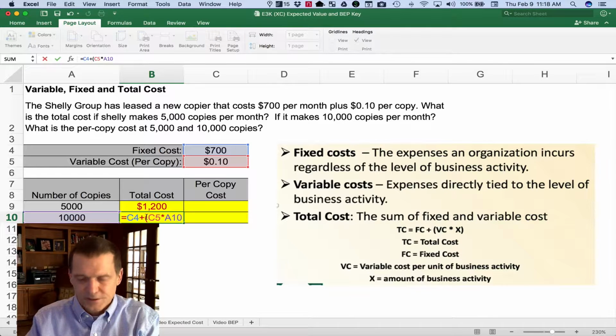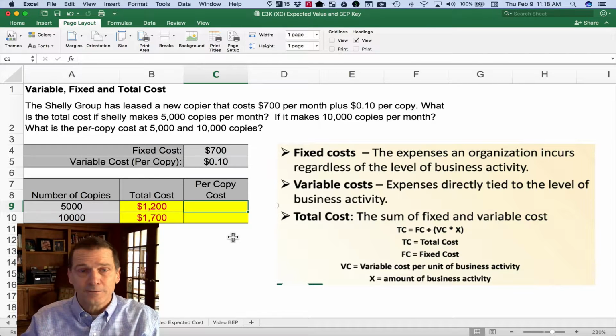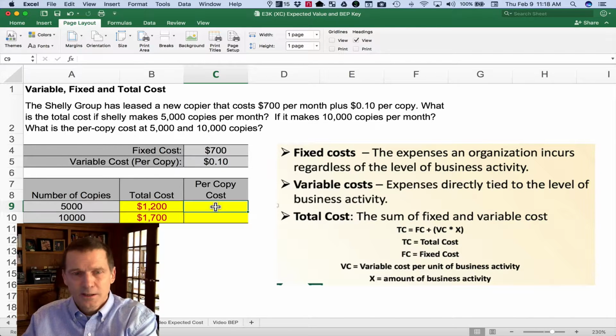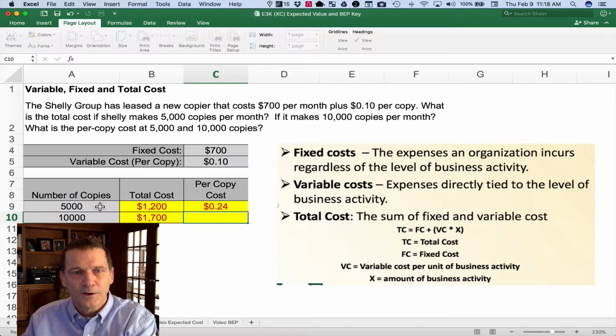We should put it in parentheses just to keep everything clean, and we'll see that is $1,700 per month. Our cost per copy, if we want to know the economies of scale we're getting out of higher volumes, we would say here in cell C9 equals our total cost divided by, which is the backslash, our volume, and hit return.